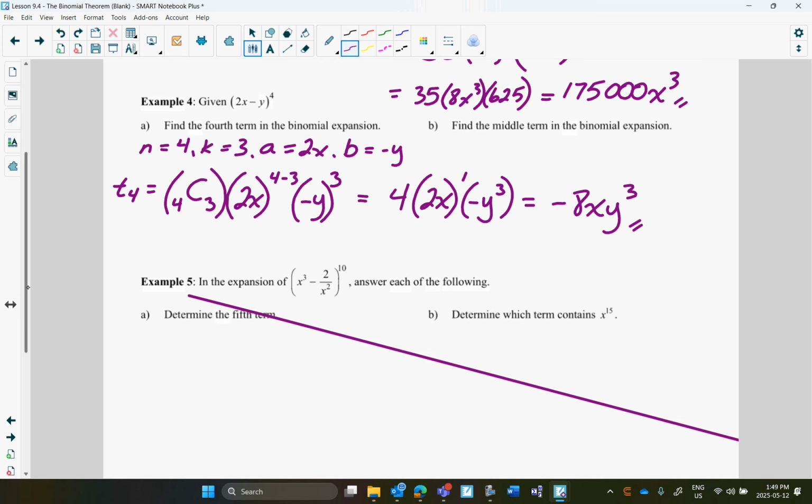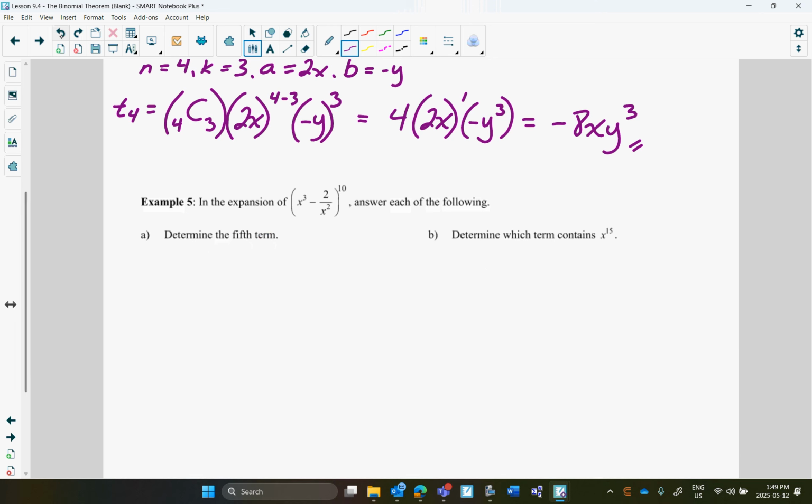This next one. What's a little weird about this one? It's a fraction. Yeah, there's a fraction. How can I write that without a fraction?